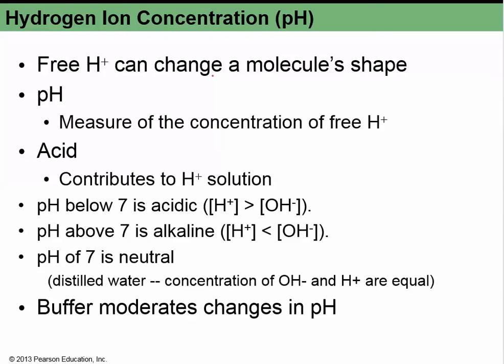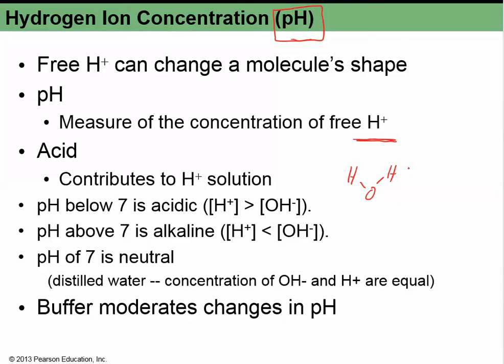Now, there's another thing that we need to understand, and that is this concept of pH. Okay. Now there are a lot of things about pH, and there are a lot of ways to define pH. But really, to make it easy on yourself, we're talking about free hydrogen. Okay. So if we have a water molecule, okay, so there's our water molecule.